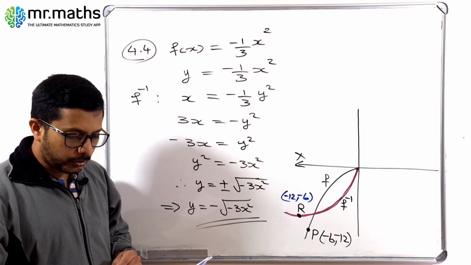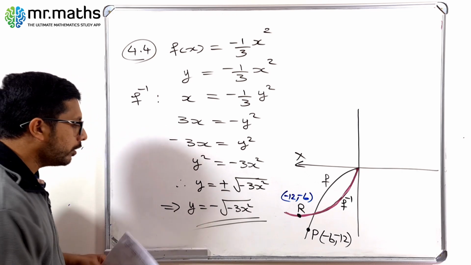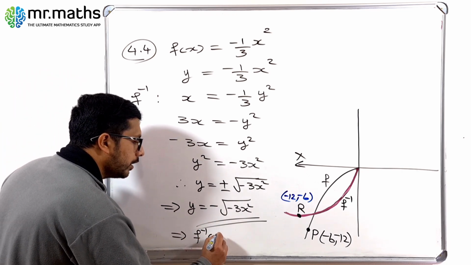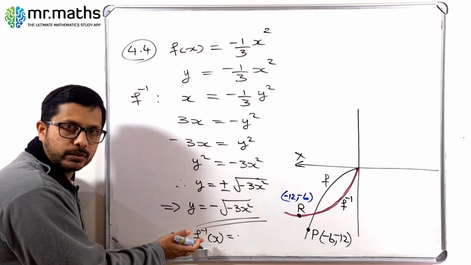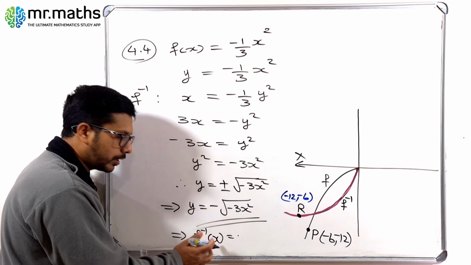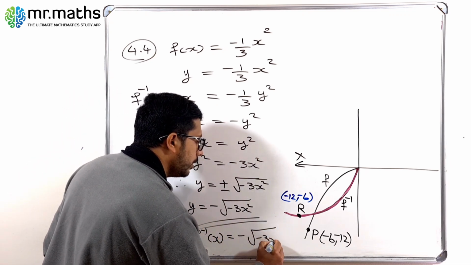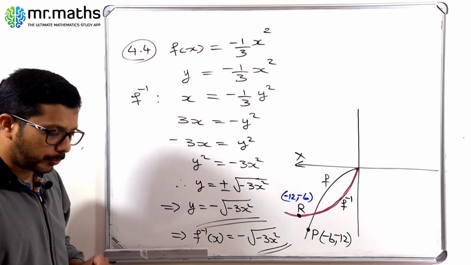So that is the answer of that 4.2. Or we can write one more step. It implies that f inverse of x is equal to, this y is the same as f inverse, y is a function. So f inverse is also a function, so f inverse of x is equal to minus root of minus 3x square. And that's the answer of question number 4.4.